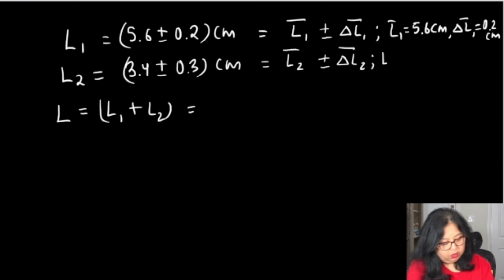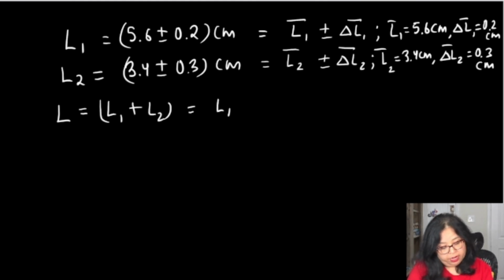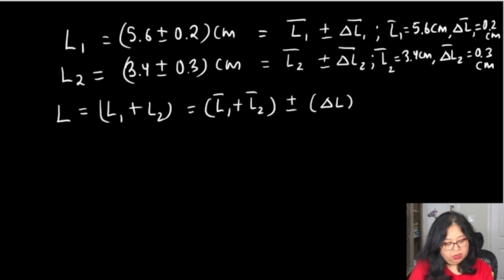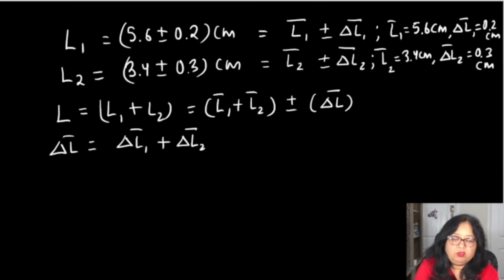Likewise, L2 bar is 3.4 centimeters and delta L2 bar is 0.3 centimeters. To find L, which is the summation of L1 plus L2, go ahead and add L1 bar plus L2 bar. First, to get delta L bar: delta L bar will be equal to delta L1 bar plus delta L2 bar. Simple. Add these two up.